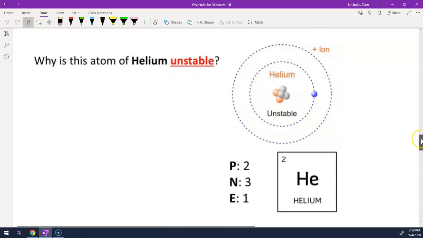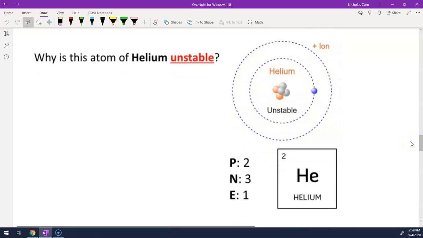All right, why is this atom of helium unstable? So for elements 1 to 20, it is a 1-to-1 ratio of protons to neutrons. When we get to, I believe it's 82, anything 82 or above, they're always unstable.